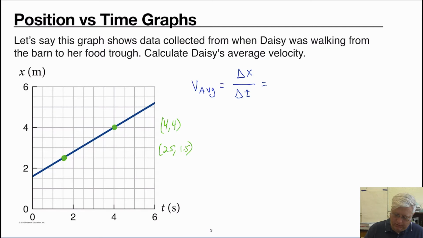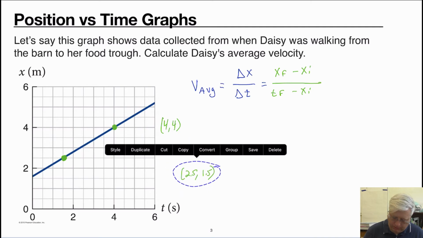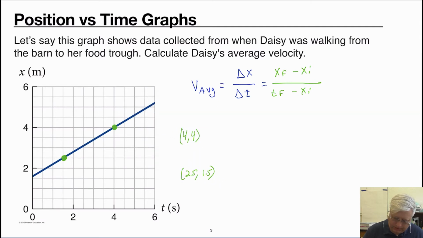This would be the final position minus the initial position, our rise, over our run, our final time minus our initial time. So which one is which? Let me move these over a bit so I can have some space to work with. This is x final and t final, and then this is x initial and t initial.